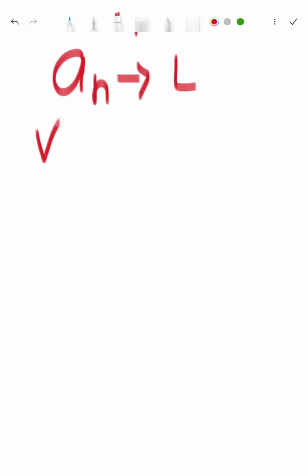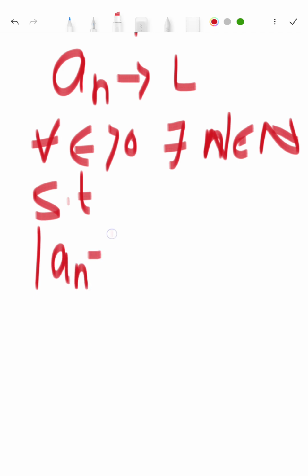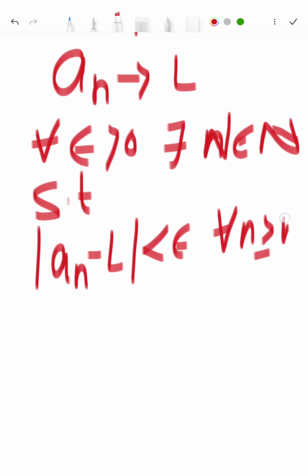For every epsilon positive, there is a natural number capital N such that |a_n minus L| is less than epsilon for all n greater than or equal to N. Means after N, all entries should satisfy this inequality.